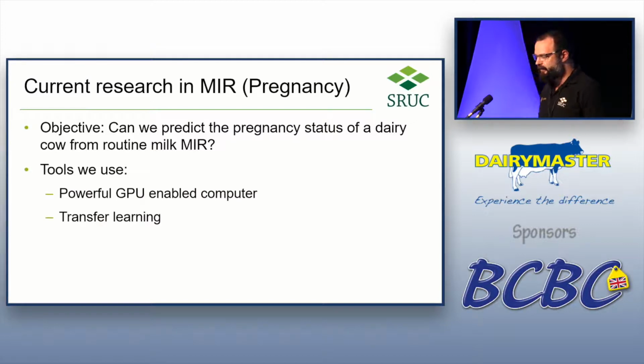The tools we use for this are basically two things. It's a powerful GPU-enabled computer, and GPUs are just graphical processing units. They're like graphics cards used for computer gaming, but they have shown to be really well equipped to handle deep learning equations. And we also do a process called transfer learning.